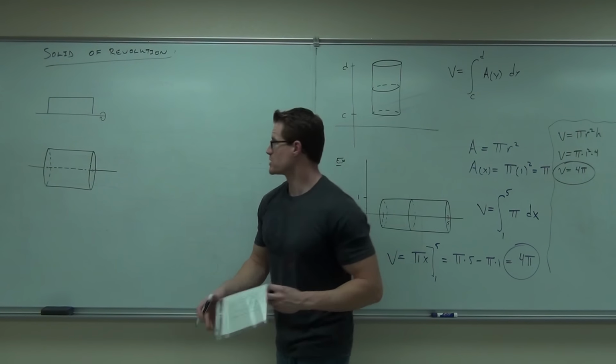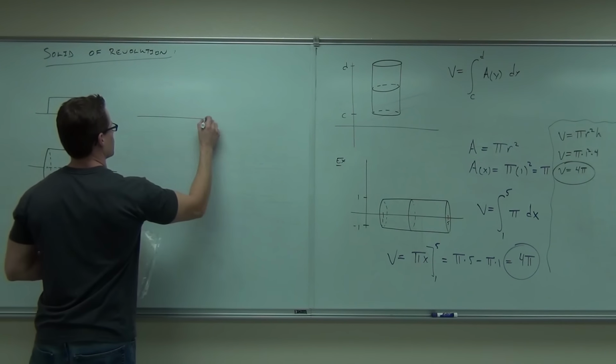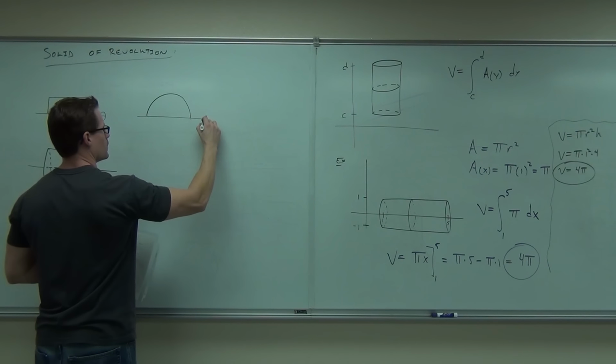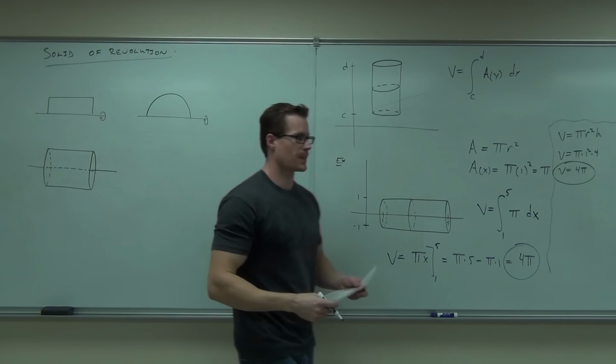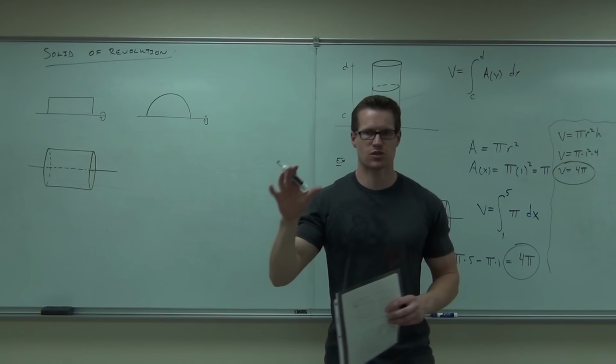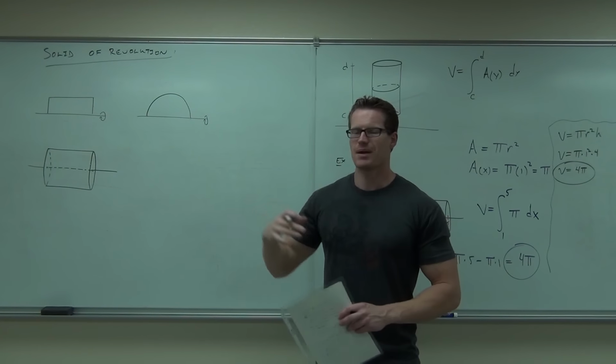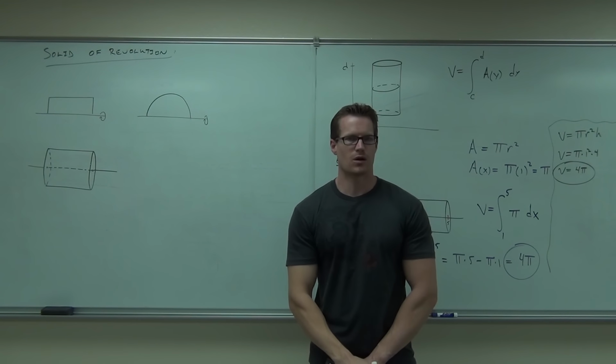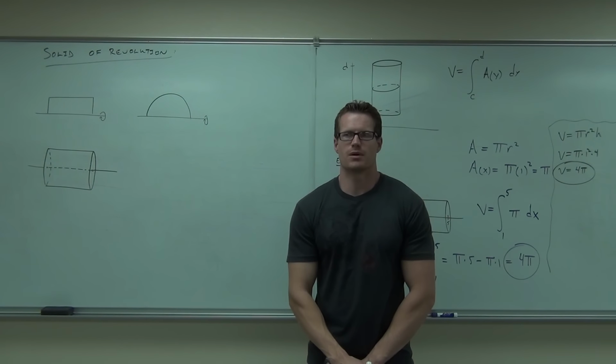What about this? What if I took a half circle and I revolved it? I'm not going to get a half sphere, am I? I get a full sphere. Which means that to get our solids, you can still deal with a function. Because if I took a full circle and revolved it, it'd still make the same exact shape.